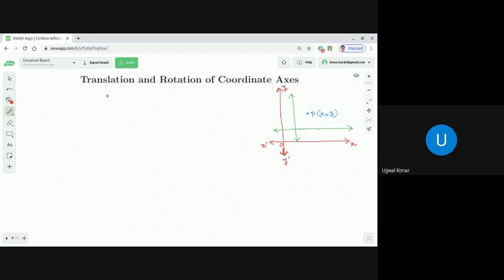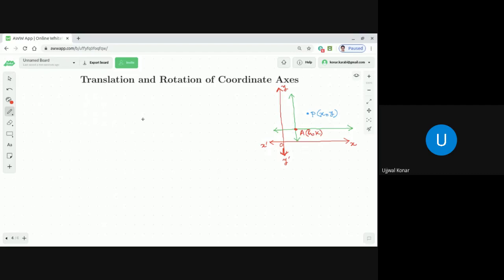Now we move this coordinate axis to a new point. Suppose we move this point to a point called A, and that point A having a coordinate, suppose h comma k with respect to the previous coordinate system, that is lowercase x o x dash, lowercase y o y dash.